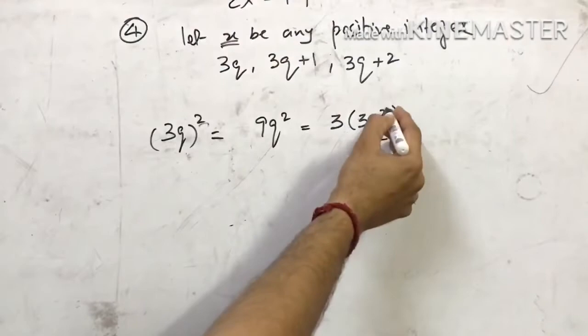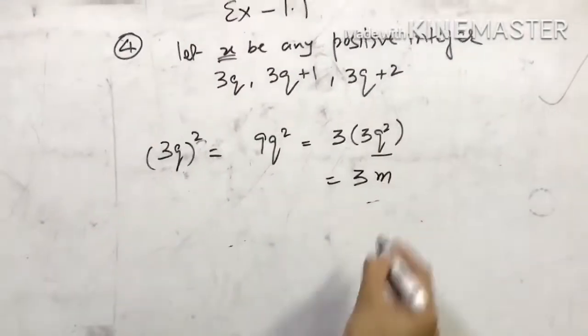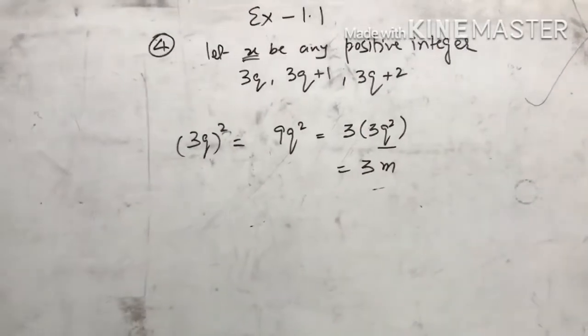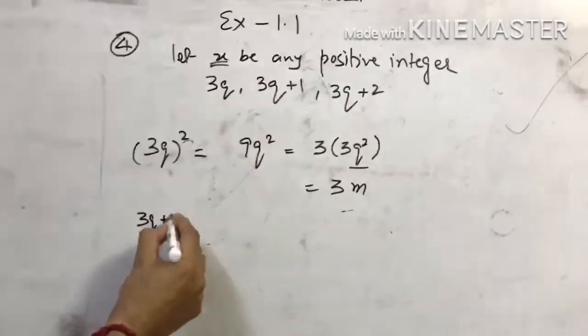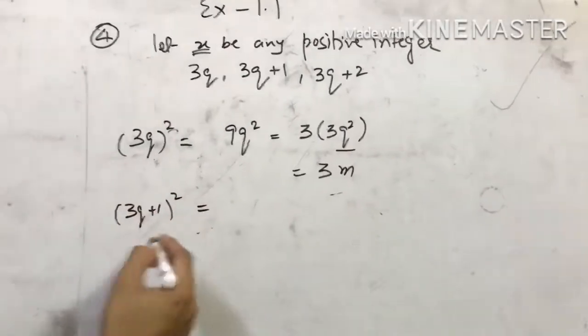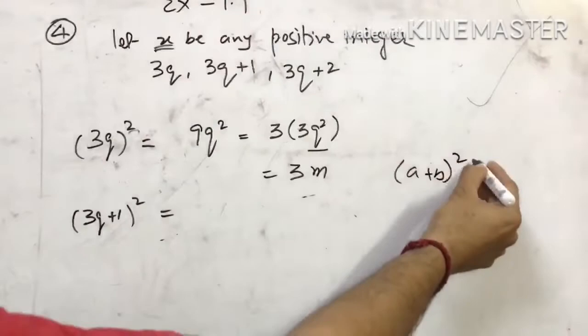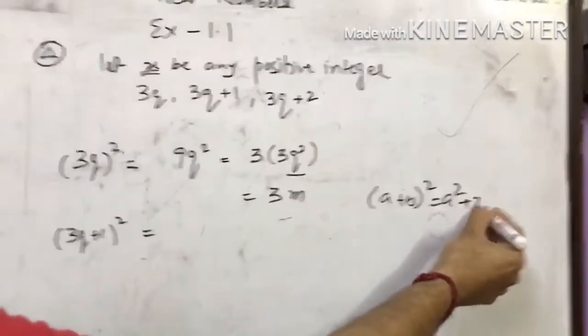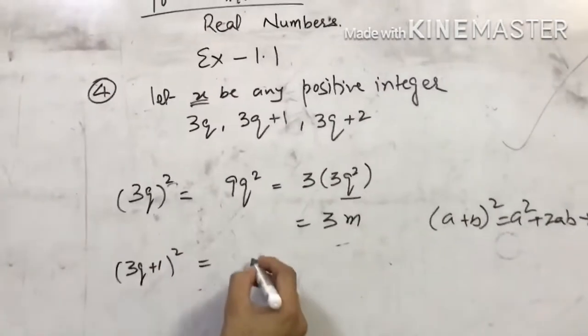In the form of q, you can consider its value as m, so it will be 3m. Second part is (3q plus 1) square. As you know, the formula (a plus b) square is a square plus 2ab plus b square. Apply that formula here.